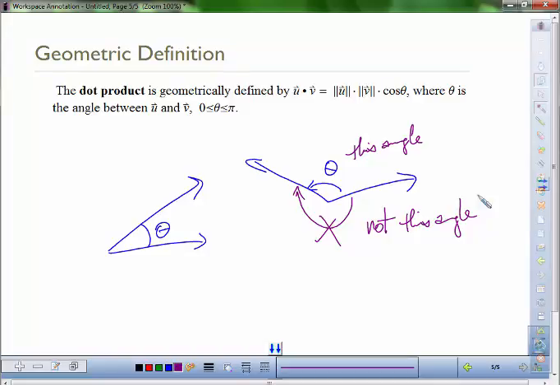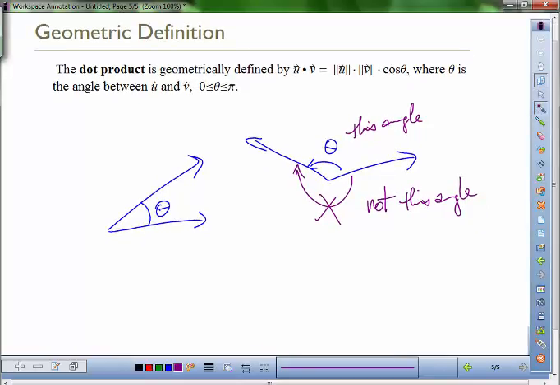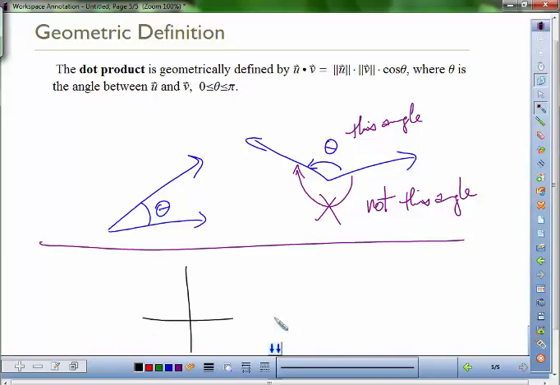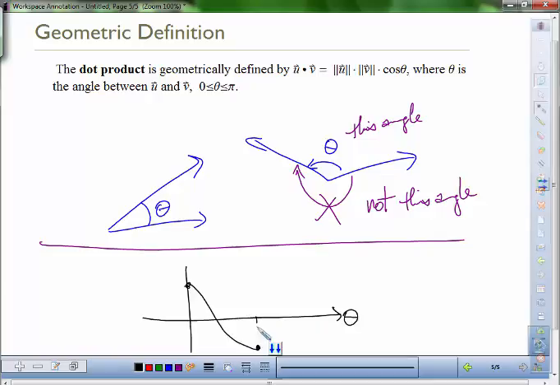Now let's take a look at the cosine function from 0 to pi and examine that just a little bit more, because there's some interesting facts that come out of this. Cosine starts at +1 when the angle is equal to 0, and it goes down to -1 when the angle is pi, and then we're going to ignore this other stuff over here, right? Because we only want this to go from 0 to pi.